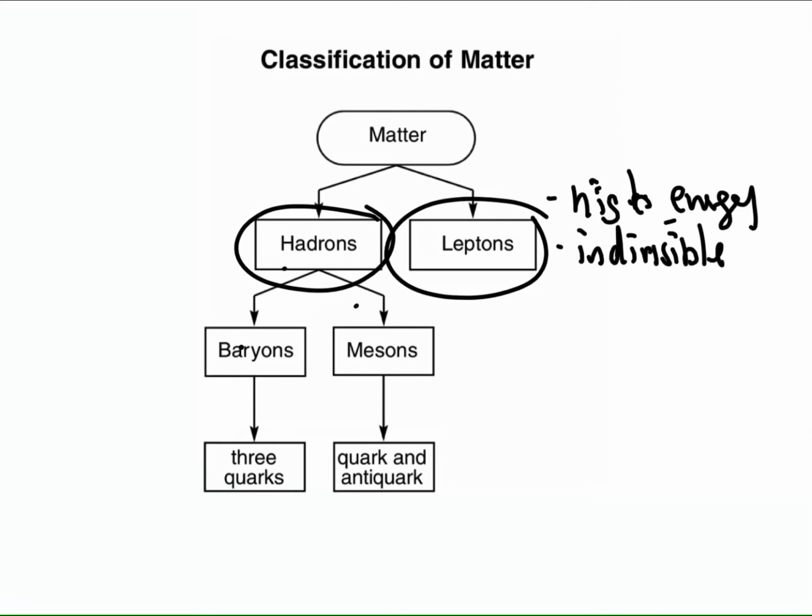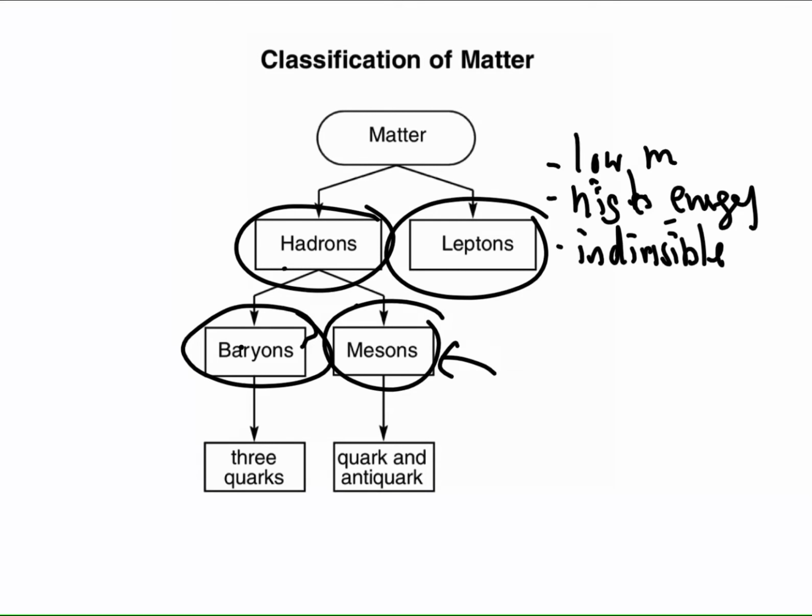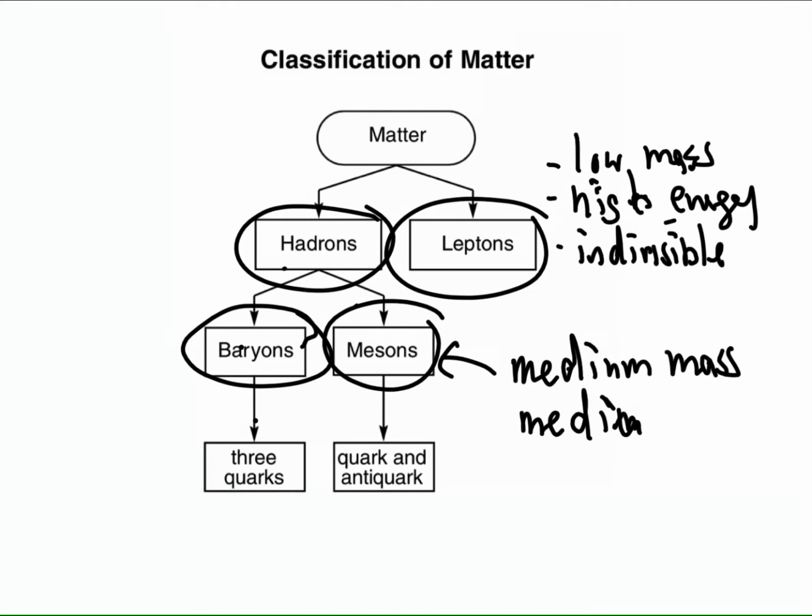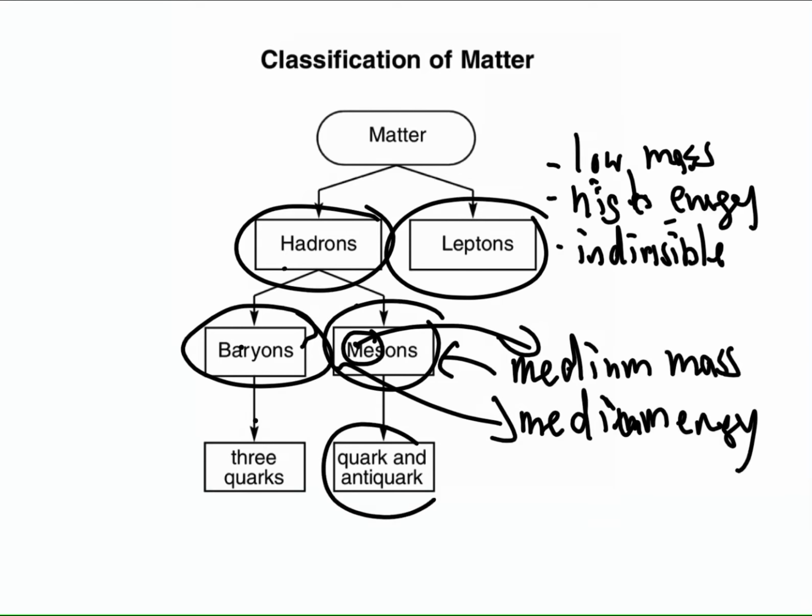Okay, hadrons are the other particles, and they are broken up into 2 separate categories. Mesons, which are, another thing I should have put in here, very low mass. These are virtually massless. These guys are medium energy, which is Me, medium, meson, and they are comprised of a quark and antiquark.